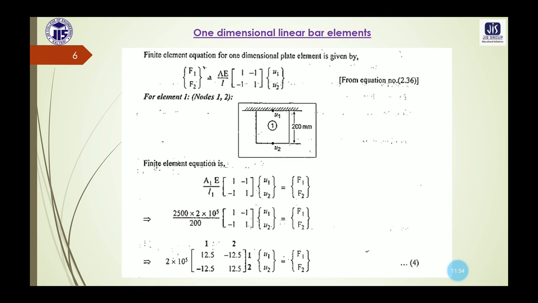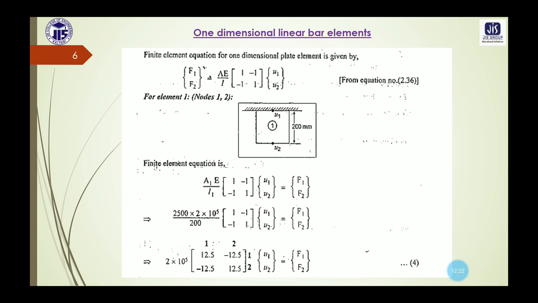If we put the values of the area, the Young's modulus and the length for this element 1, then after some mathematical steps we will get this equation number 4.